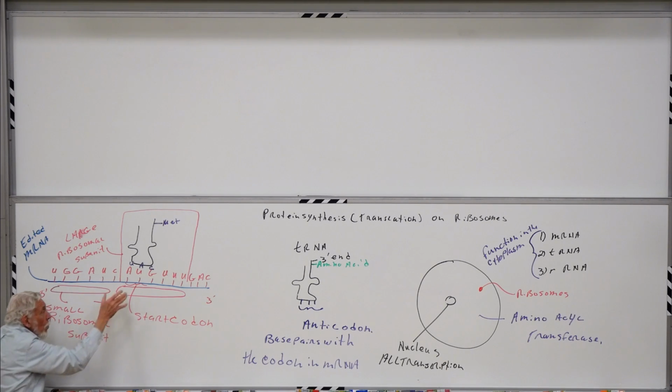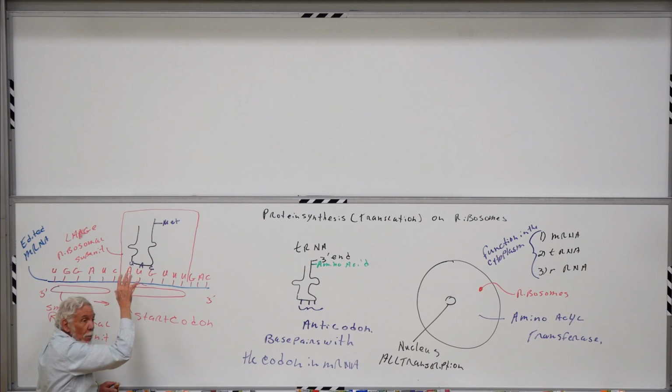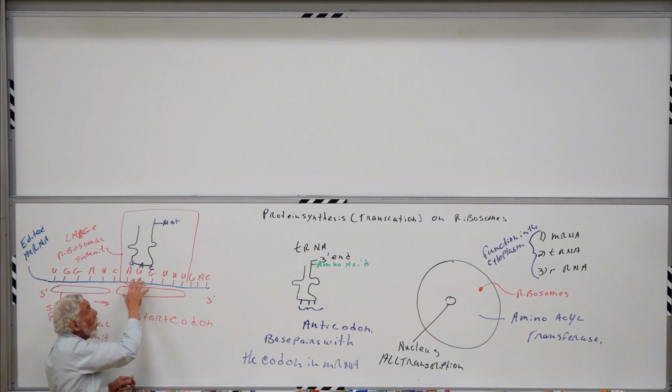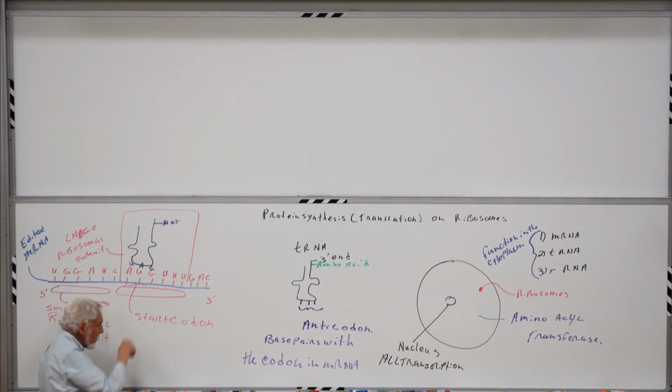Now, it's true that both the small and large ribosomal subunits contain a significant complement of proteins. About 40% of these ribosomal subunits are proteins, but the remaining 60% is ribosomal RNA. And that plays an important role in the enzymatic activity of these subunits.